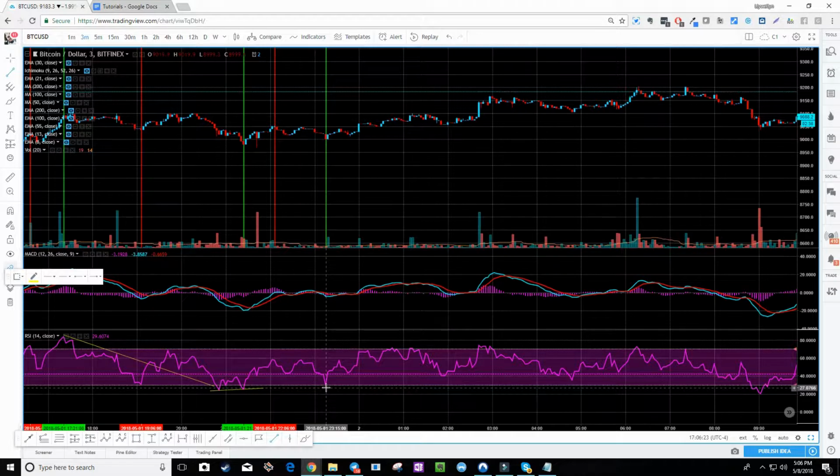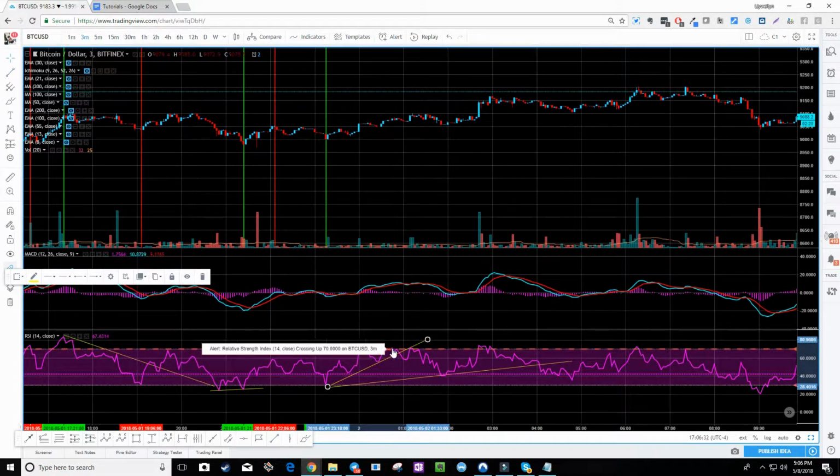So you could draw your trend line like this, or you could close it when it gets up into, we actually do cross into the overbought region here.